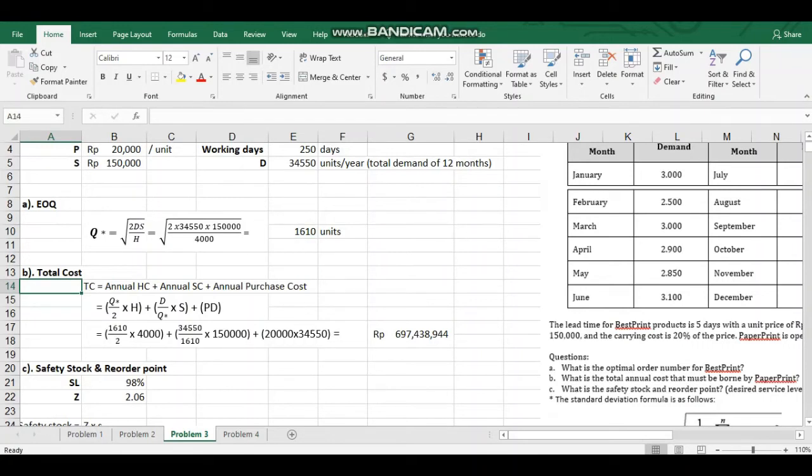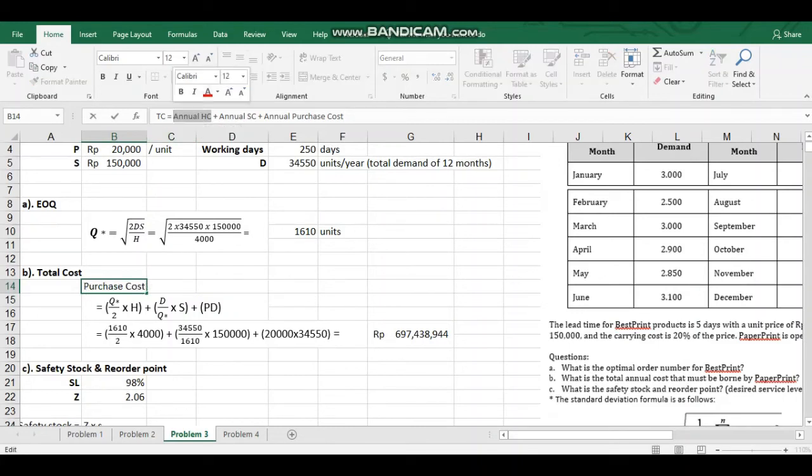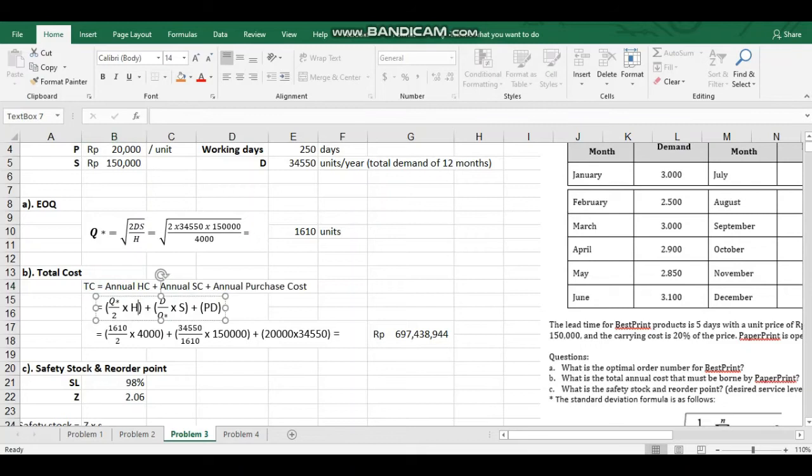So it's about total cost. Remember that total cost consists of annual holding cost, the ordering cost, and also the purchase cost. For the holding cost, we get it by this formula, and for the ordering cost using this formula, and the last one is for purchasing cost using this formula, and just sum all of them.